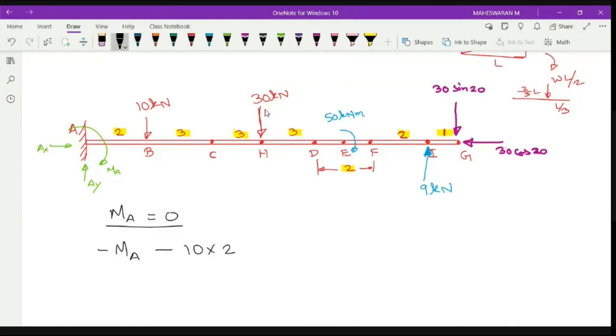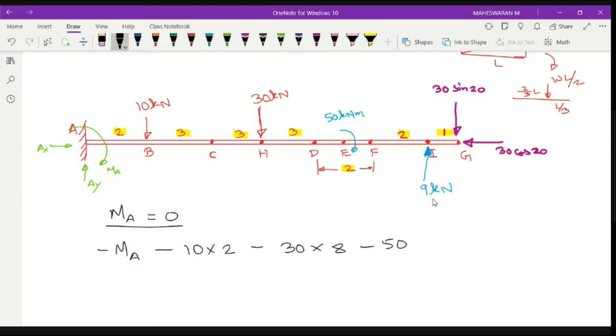Next, this 30, minus, again that is also rotating clockwise. 30 into distance. What is the distance from A? 3 plus 3 plus 2, totally 8. So 30 into 8, clockwise rotation. Already a direct moment here, so directly I can write it, which is minus 50. Because it is rotating clockwise.